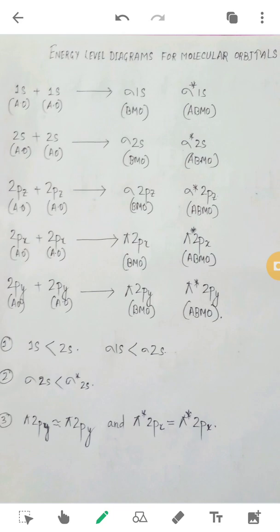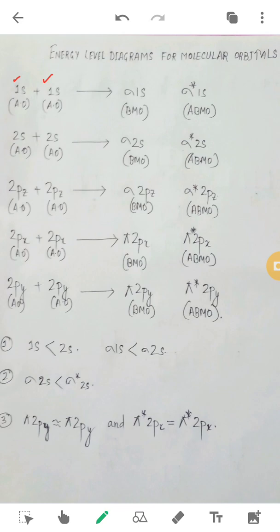Now see, I have listed out a chart which you will be seeing in the later part, on molecular orbitals. On the left hand side we have all the atomic orbitals, on the right hand side we have all the molecular orbitals. When two atoms with 1s atomic orbitals combine, we get two molecular orbitals. One is sigma 1s, the other one is sigma star 1s.